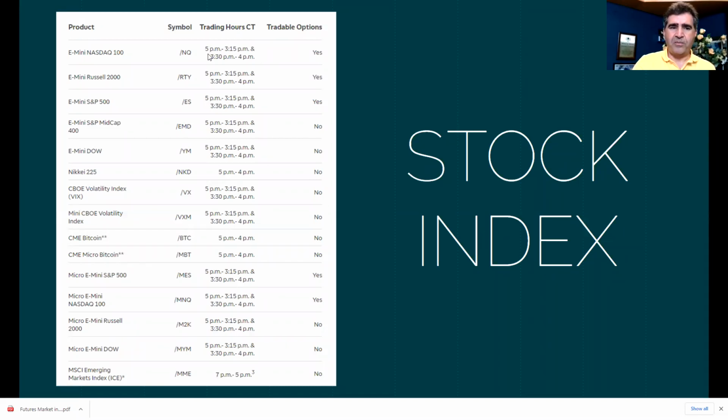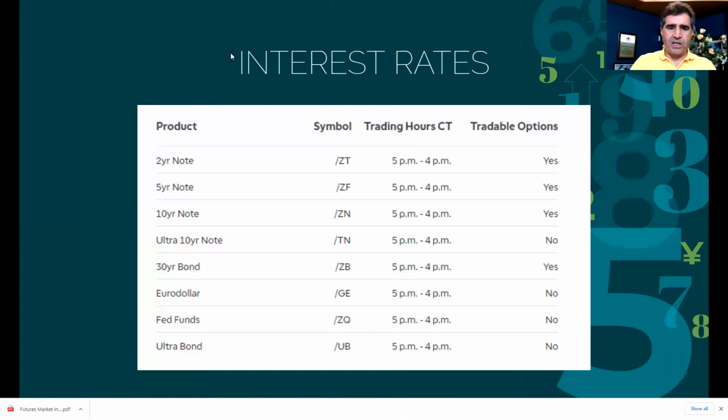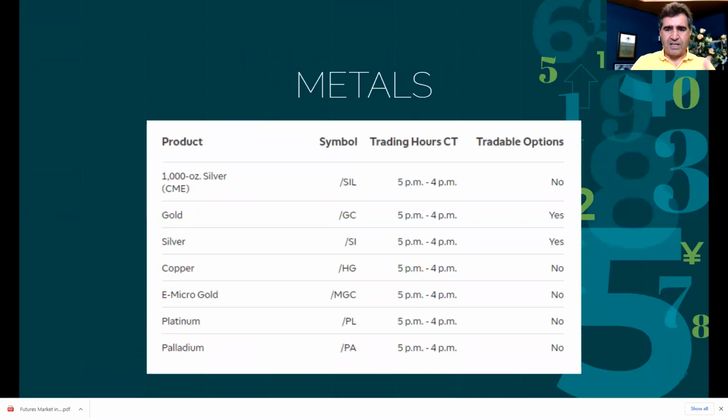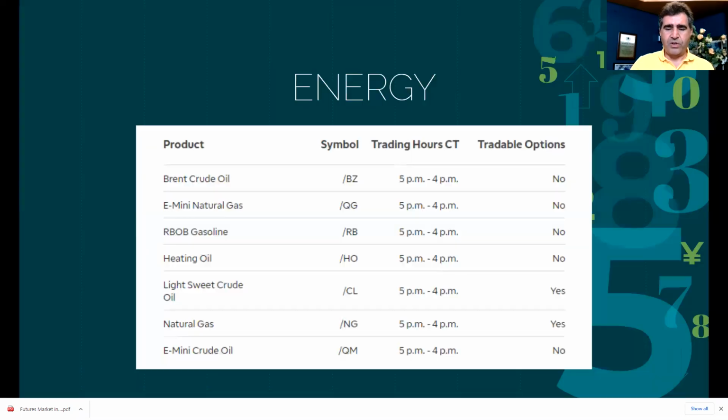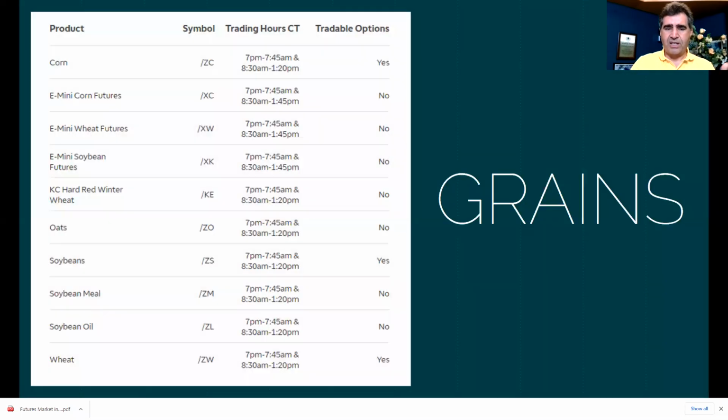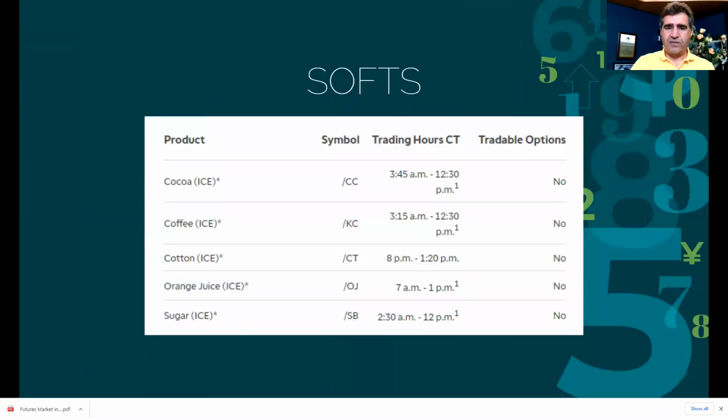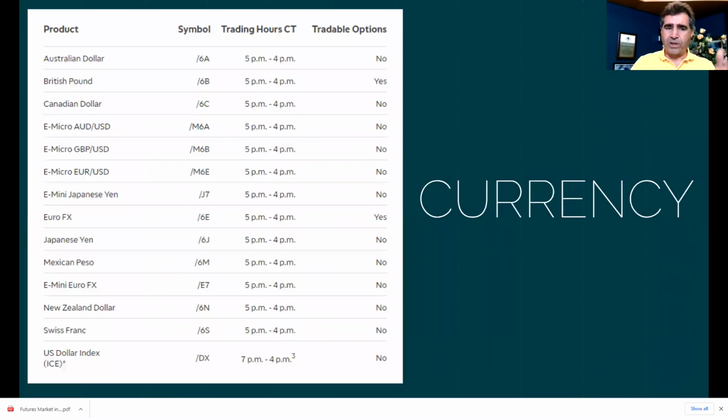So 5 p.m. is 3 p.m. Pacific Coast time, or 6 p.m. New York time. The same thing with interest rates. Just follow metals. I have all the hours for your reference. Energy, these are all the contracts available. Grains, the softs.